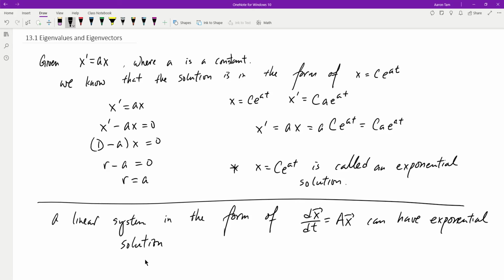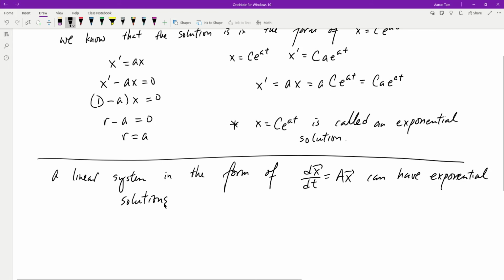Once again, the idea here is that because the exponential function, when you take the derivative, gives itself, it gives us the possibility that when I take the derivative, it's just equal to some kind of transformation of itself, which is vector x. So what we can do is try an exponential solution.